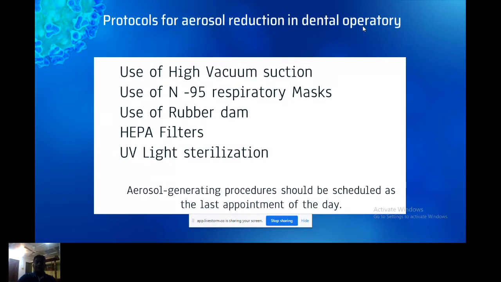And as I mentioned, aerosol generating procedures should be scheduled as the last appointment of the day. Say you want to do a crown cutting or a root canal opening, such appointments should be scheduled last. When you do the procedure, the aerosol, which might not be visible to you, is generated with the help of your air rotors.